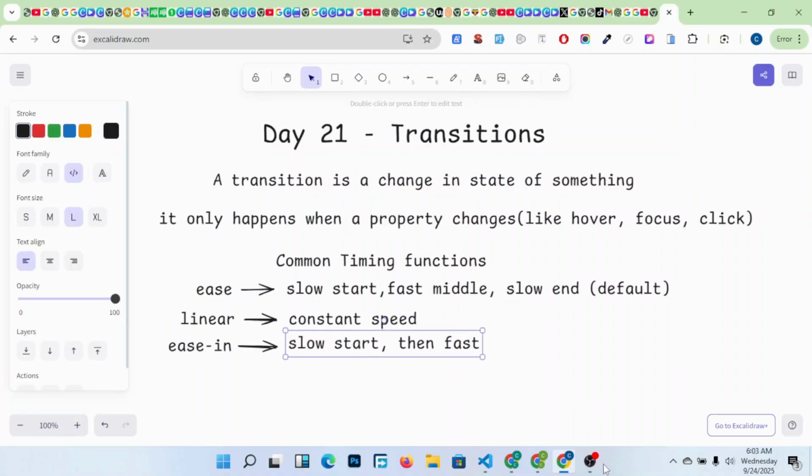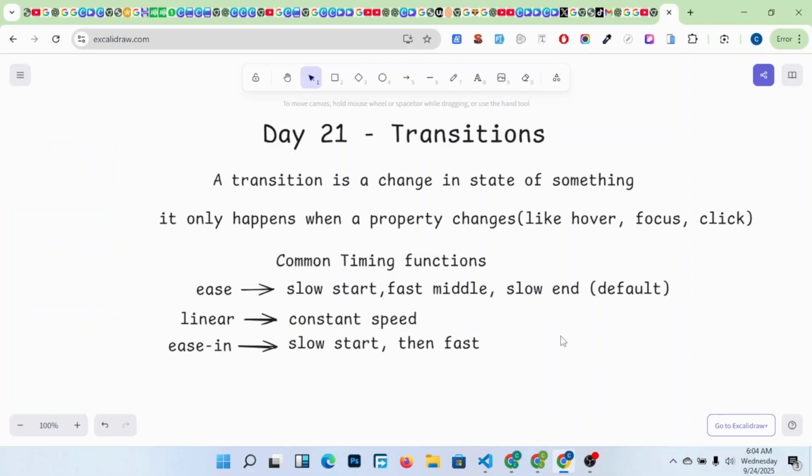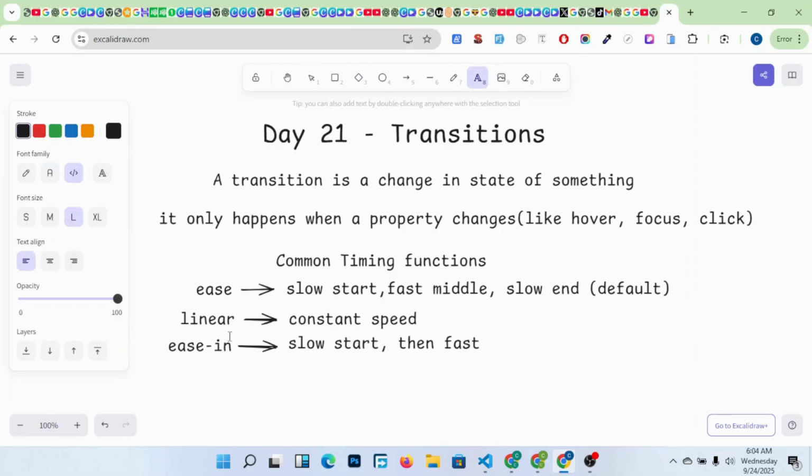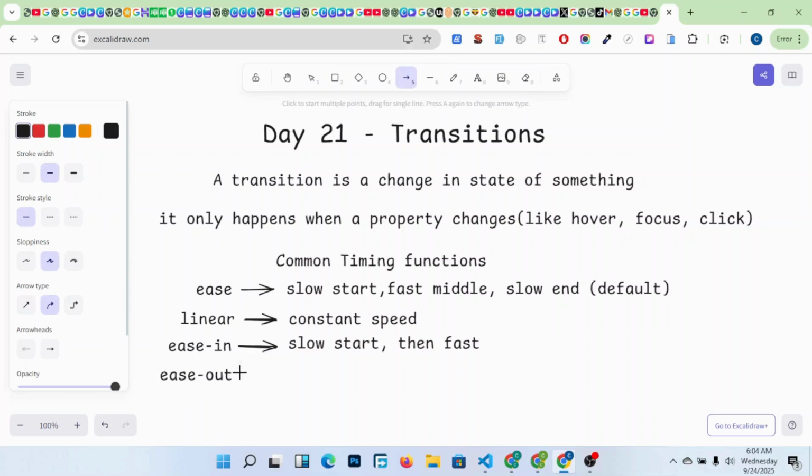Then we have another one, it is called ease-out. What does ease-out mean?